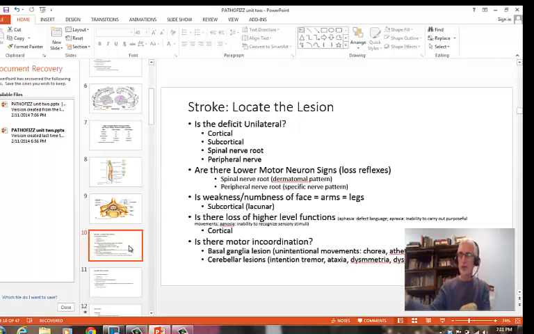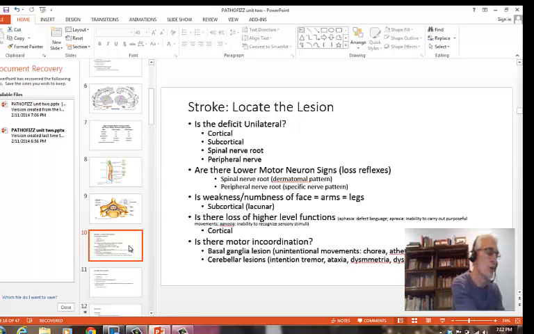The next question is, is there loss of higher functions, cerebral functions, functions such as language or stereognosis, the ability to put a quarter in the hand and say, oh, that's a quarter, or a pen and say, that's a pen, or to draw a clock face, or to be able to show how you brush your teeth.